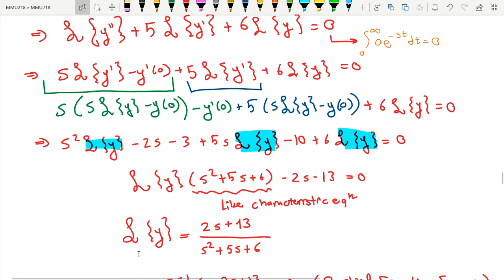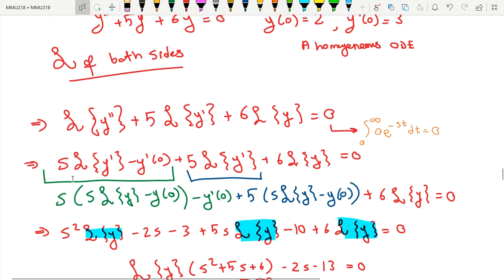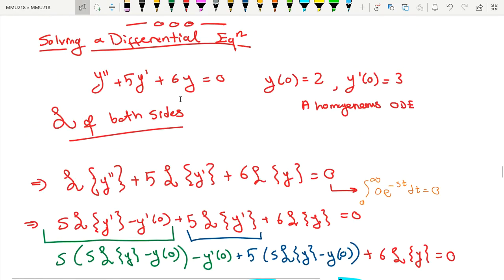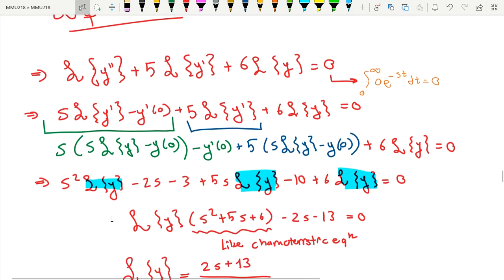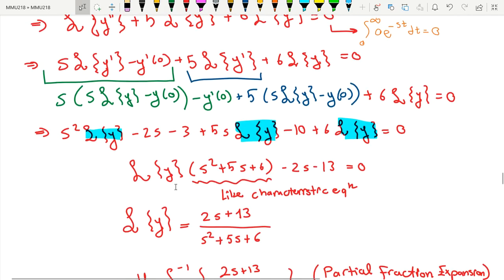Inverse Laplace of Laplace y is going to give you y itself. That's the little trick, okay? I had an ordinary differential equation, I took the Laplace of it, and within that Laplace, I have some algebra. That algebra leaves me alone with the Laplace of y.